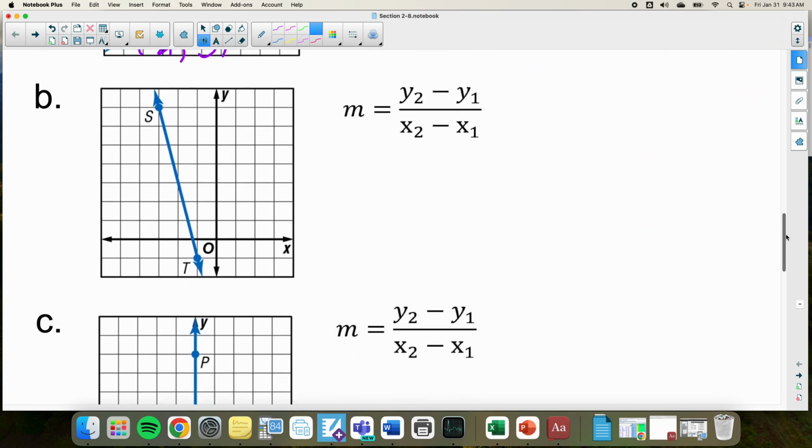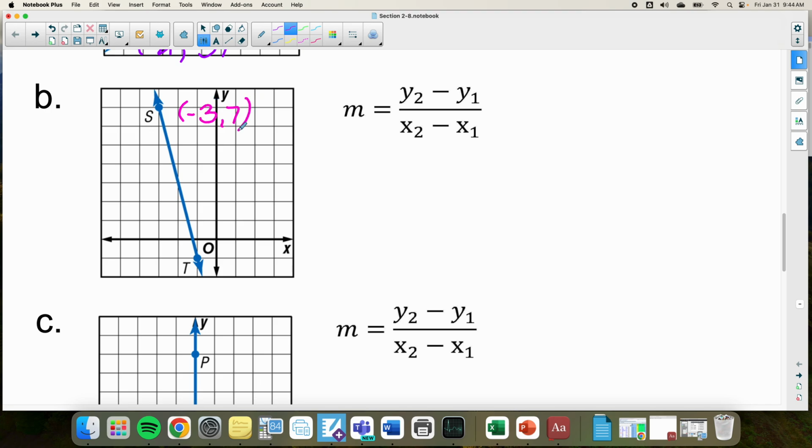Okay? Now if you look at this, what you are going to do is label what these points are. So S is over 1, 2, 3, up 1, 2, 3, 4, 5, 6, 7. So it'd be -3, 7.